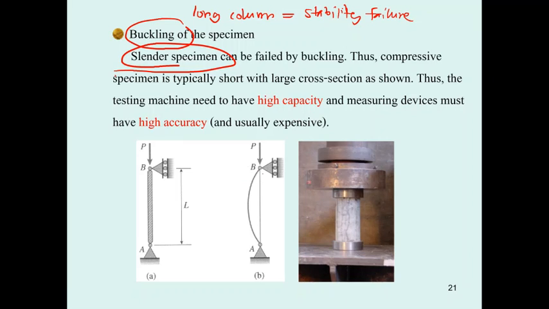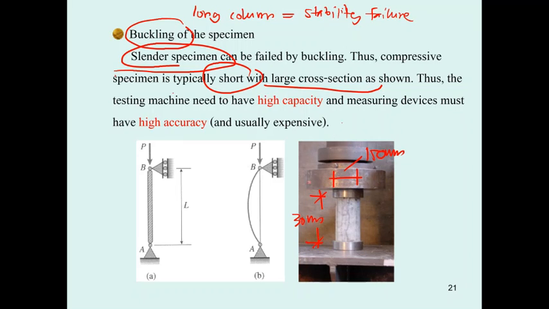Supposed to be like the concrete specimen. The concrete specimen has a diameter of 150 millimeters and a height of about 300 millimeters. So it's going to be very stubby. The compressive specimen in this case must be short with a large cross section like this one.